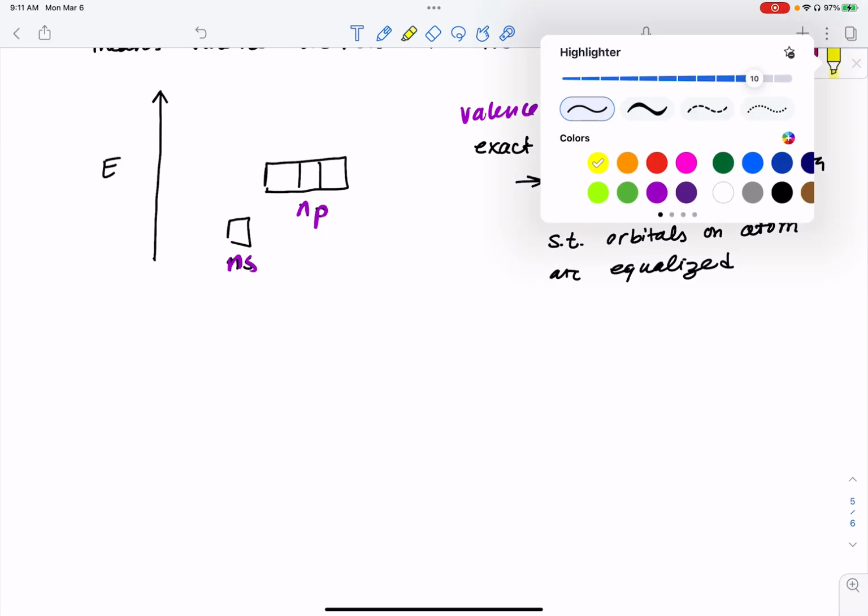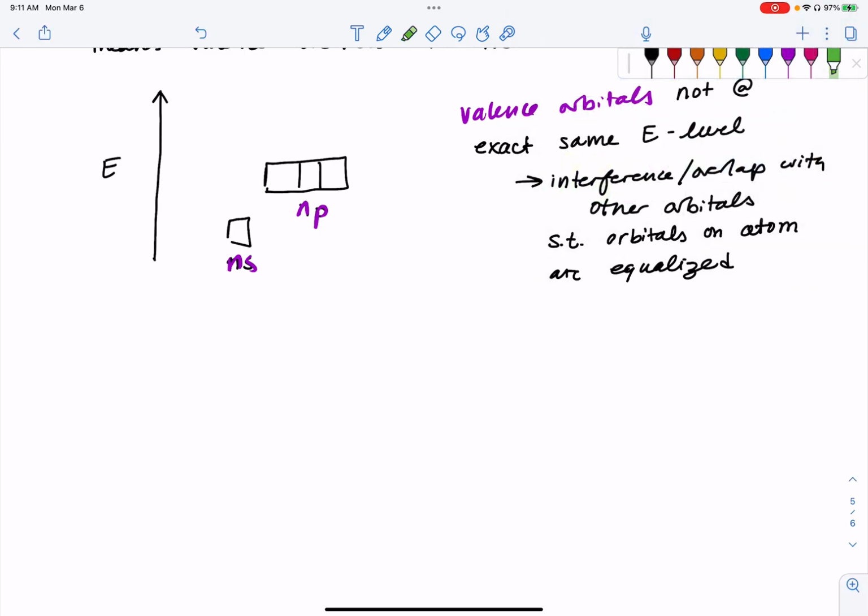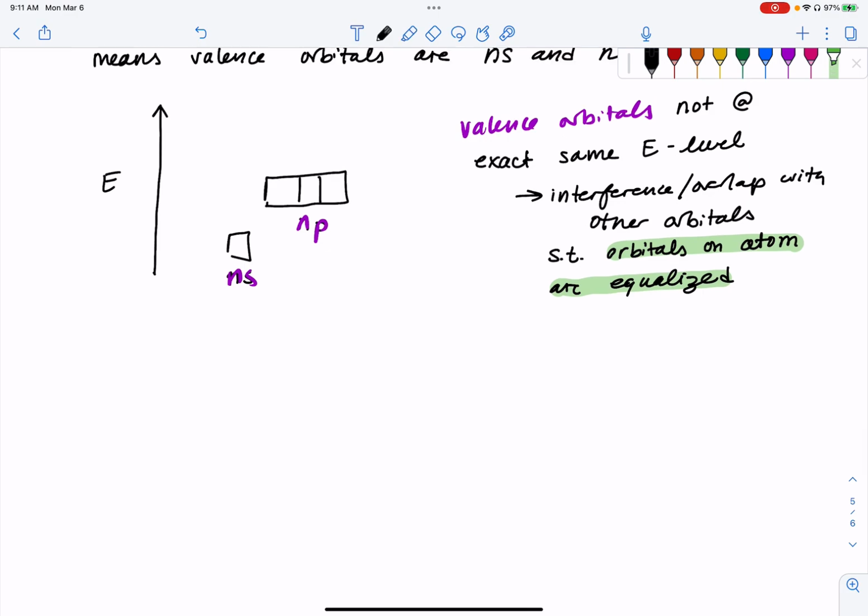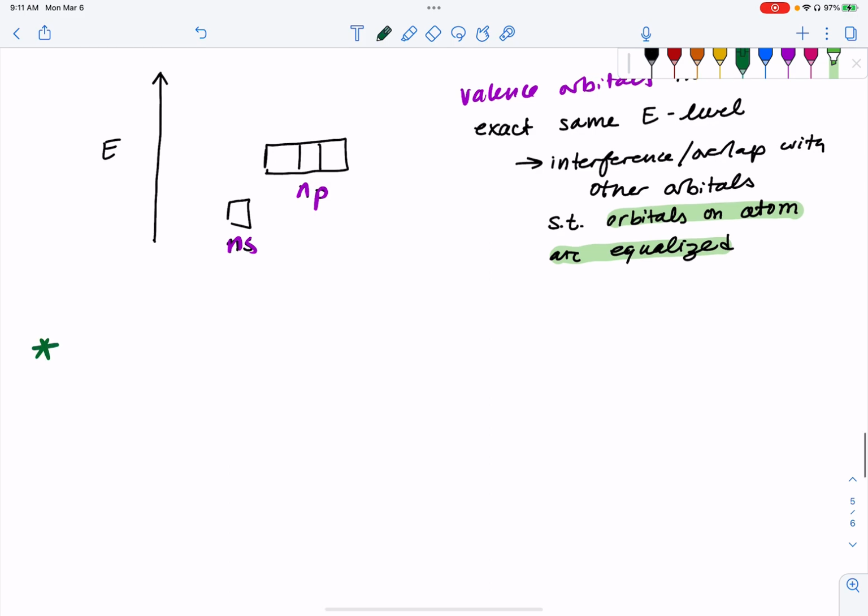The way in which we can create orbitals on our atom that is going to be bonded to something else that are equalized is we form hybridized atomic orbitals.